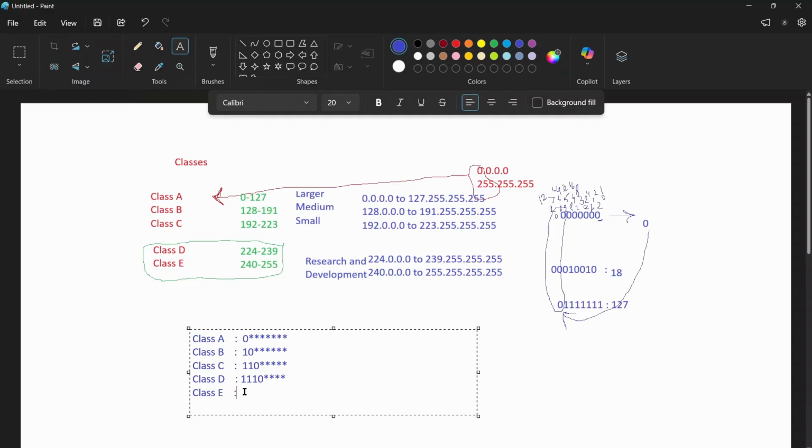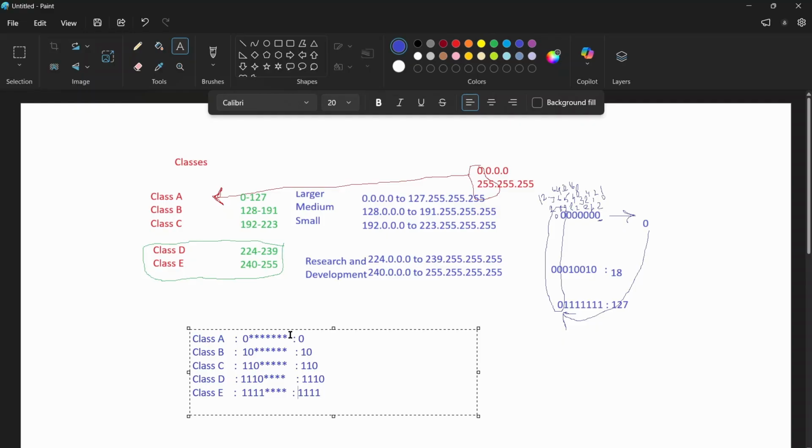In class E, 4 ones will be there and the remaining 4 positions will be changed. So this we call priority bits. That means class A priority bit is 0, class B 1 0, class C 1 1 0, class D triple 1 0, class E 4 ones.